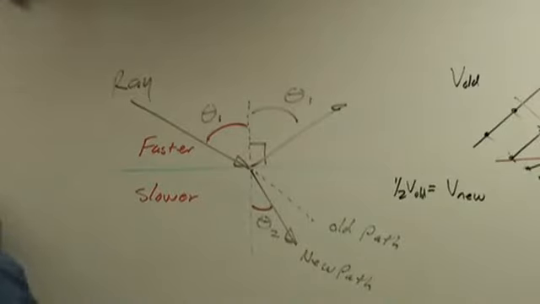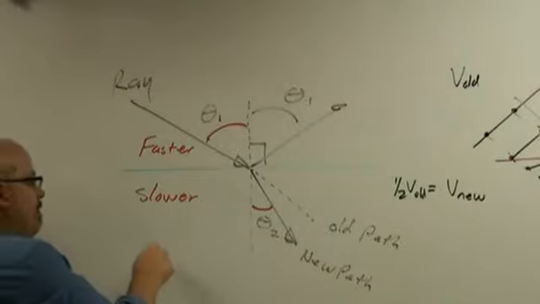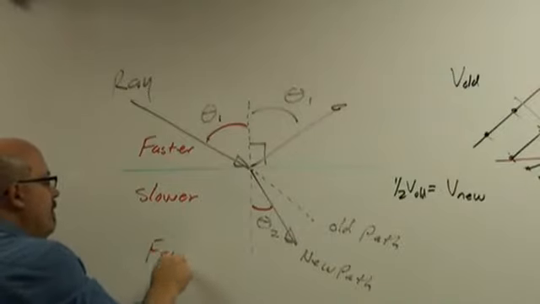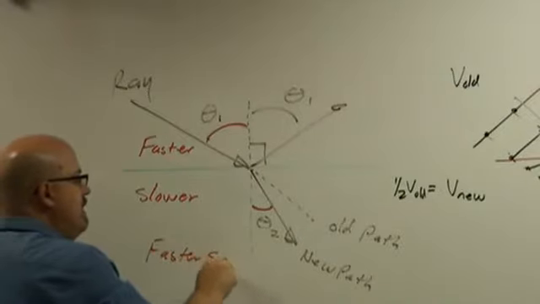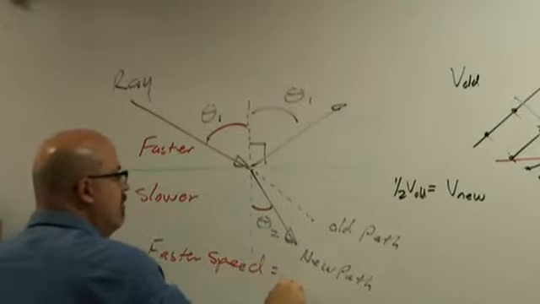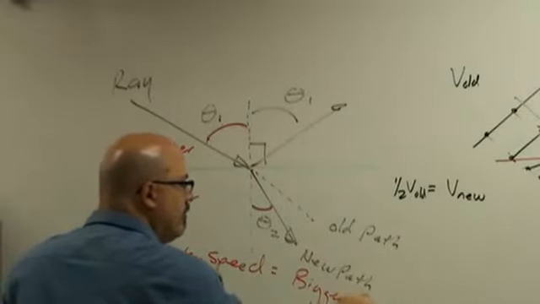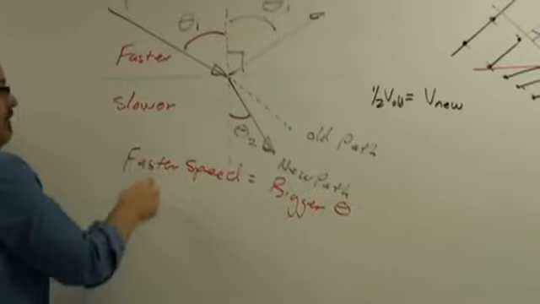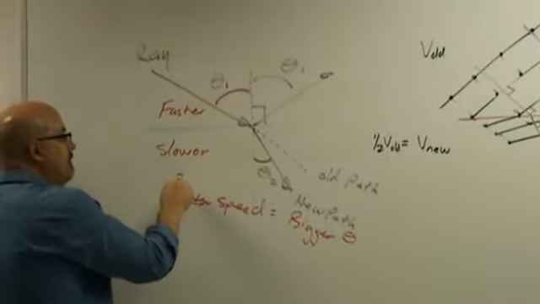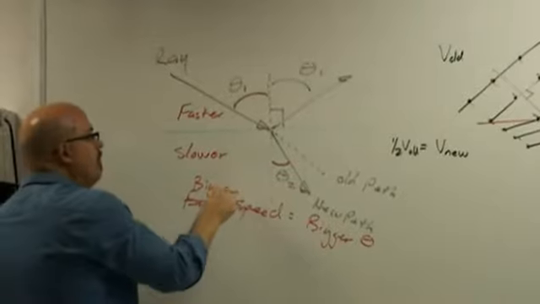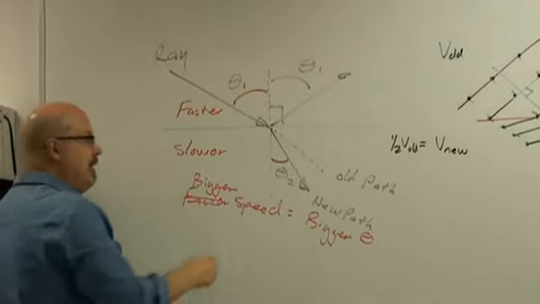Okay, general rule of thumb, everybody. General rule of thumb. Faster speed equals bigger theta. Or some students remember it as the fraction: bigger speed equals bigger angle.